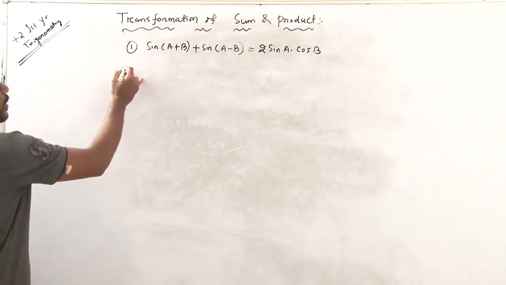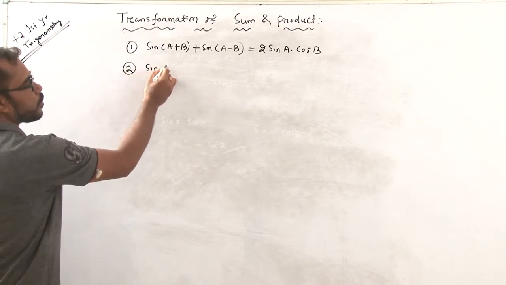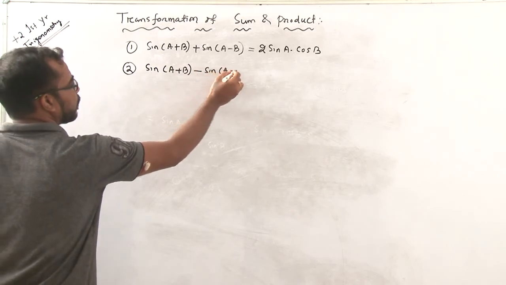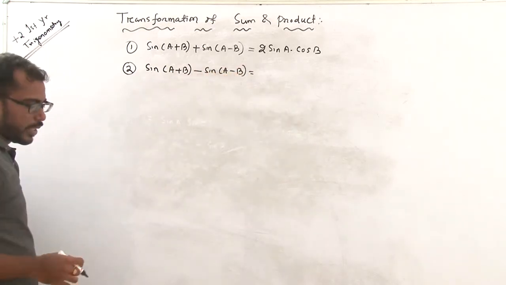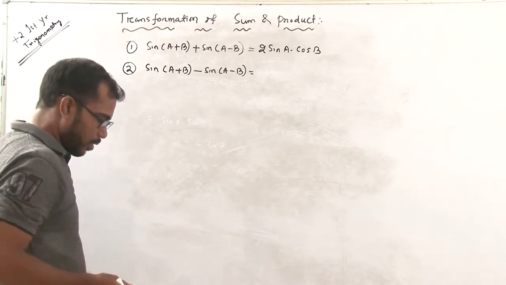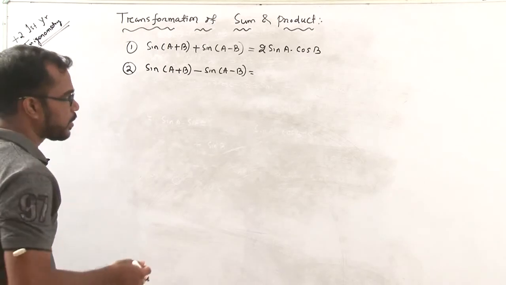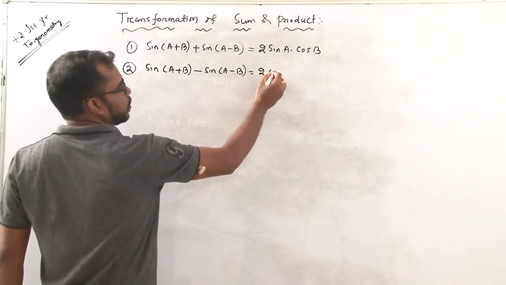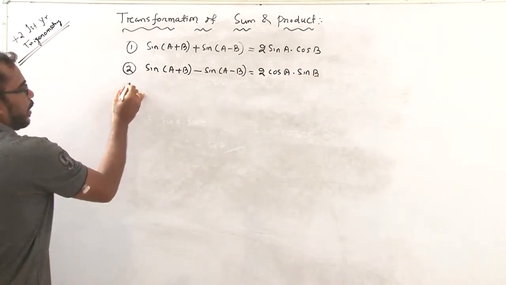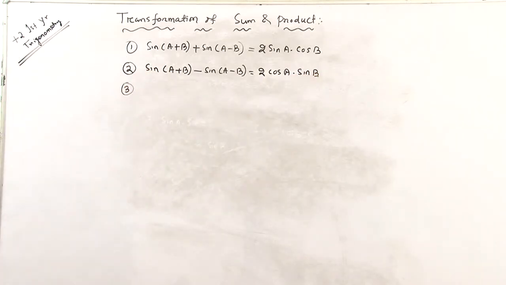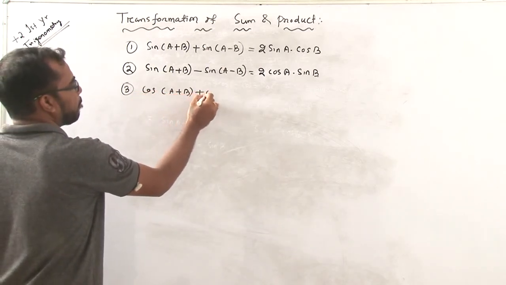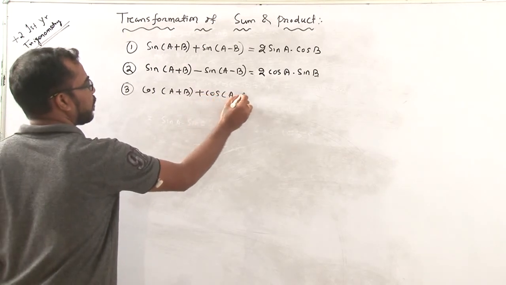The next one is sin(A + B) minus sin(A − B). If we apply this formula, then we get the result 2 cos A sin B. And the third formula is cos(A + B) plus cos(A − B).